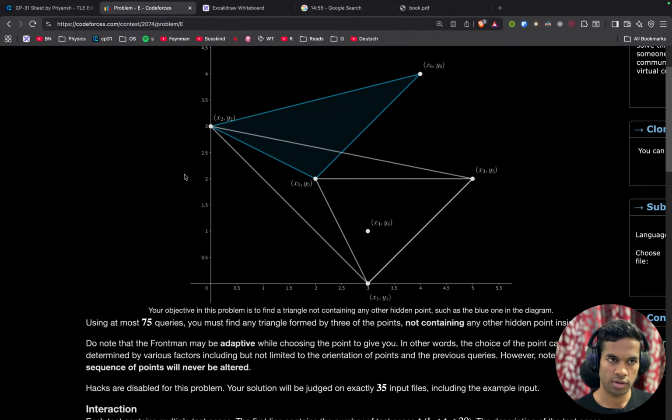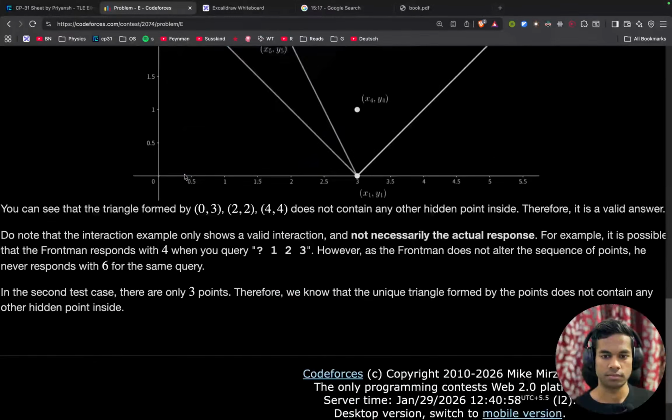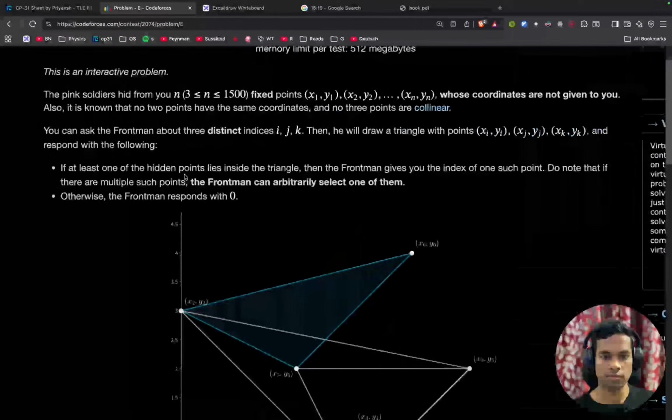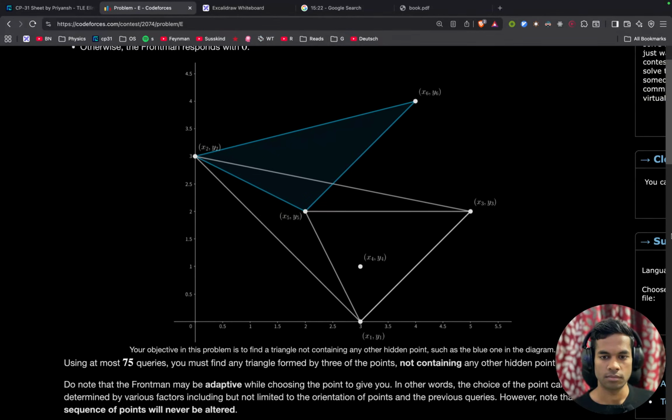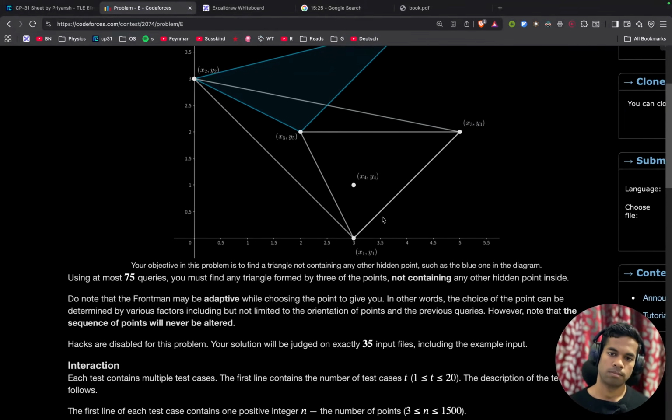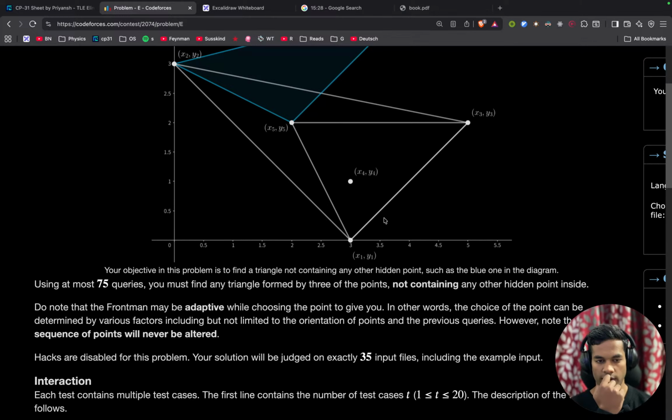No 3 points are collinear. Using at most 35 queries, we must find a triangle formed by 3 points, not containing any other point.